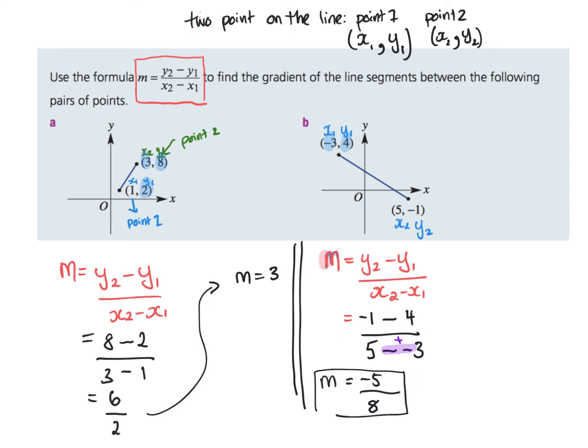Now, just to show you that it still would be the same if I did rise over run, I'll show you why. If I start here and I'm going from 4 all the way down to negative 1, that means I went down 5 units, because it's the 4 plus the 1.